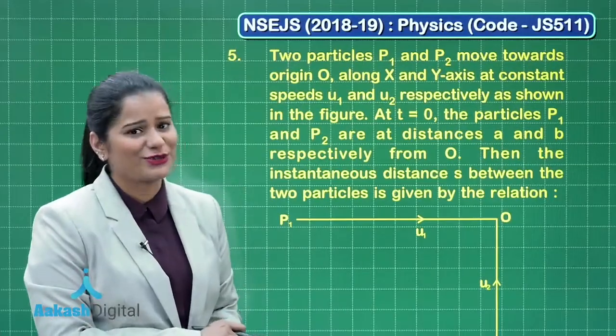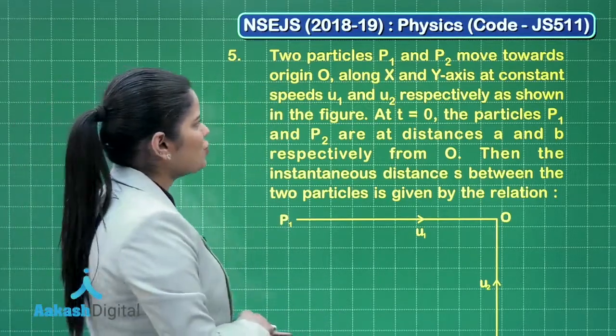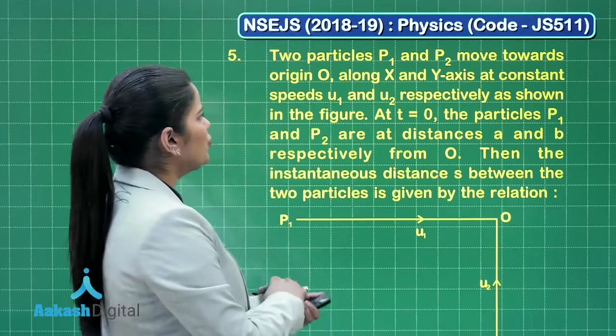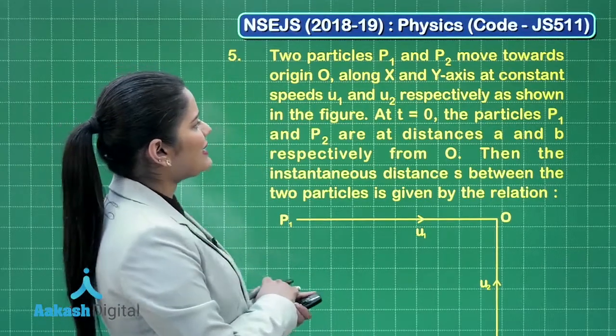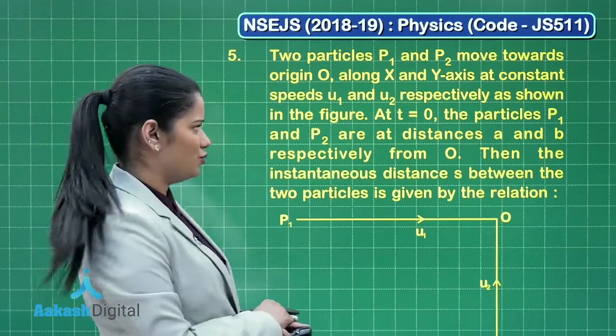Hey, so it's the turn to discuss the solution for the next question, that is question number 5. This says two particles P1 and P2 move towards the origin along the x and y axis at constant speeds u1 and u2.